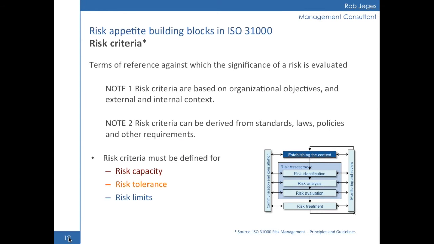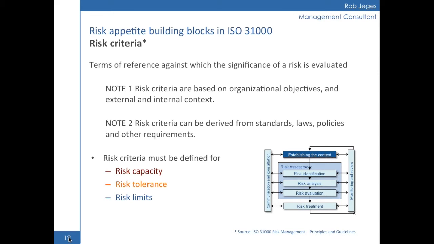There are two building blocks for risk appetite. The first one is the risk criteria. It is the terms of reference against which the significance of a risk is evaluated. So the risk criteria tells us what is going to be a risk and how big or small that risk is going to be.